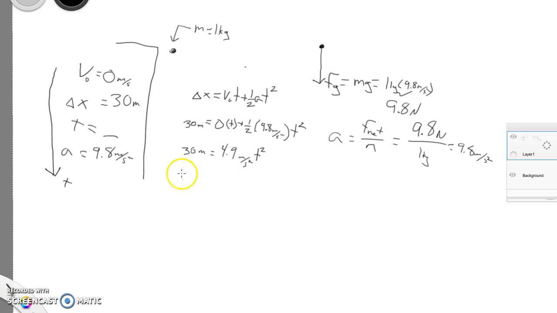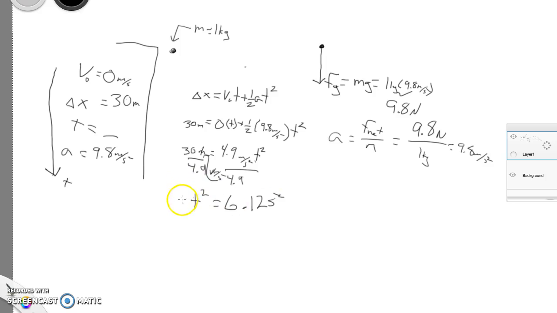To solve this, we divide over the 4.9, and we're going to get that t squared is equal to about 6.12. These are meters per second squared. The meters cancel out, and since we're dividing by 1/second squared, they actually go to the top.